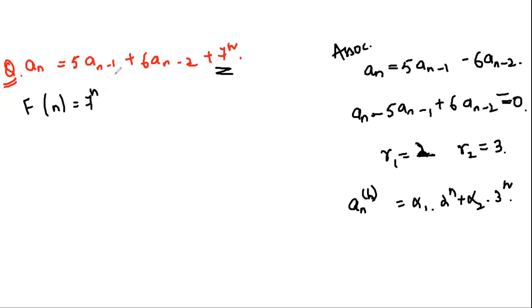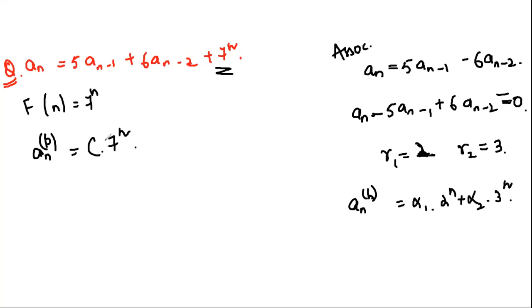What we do is we use a trial method, and we see that the trial solution An of p can be c into 7 power n, where c is a constant. In our earlier example, we took cn plus d. The reason being we had multiplication 2 into n, but here since we have power of n, our terms will be in powers of n only. So we just need one c as a constant.